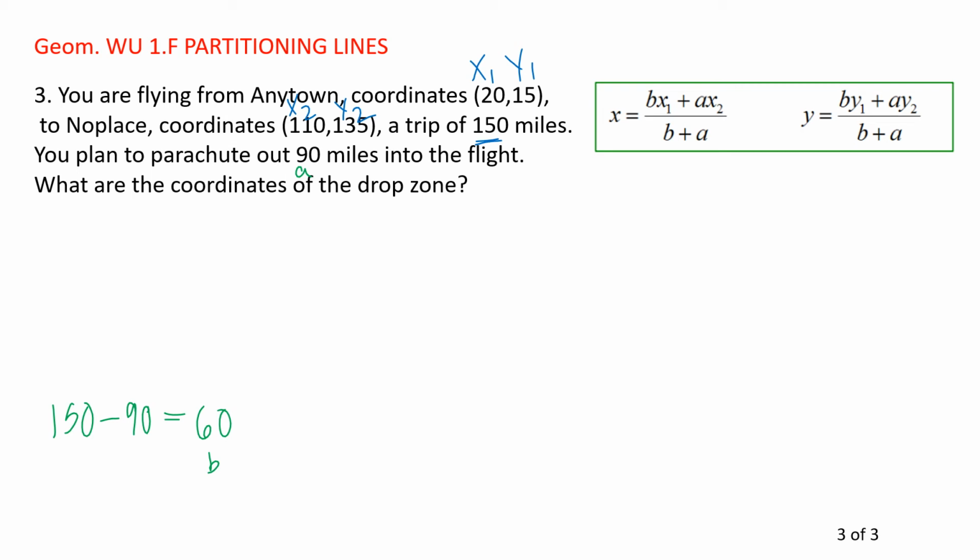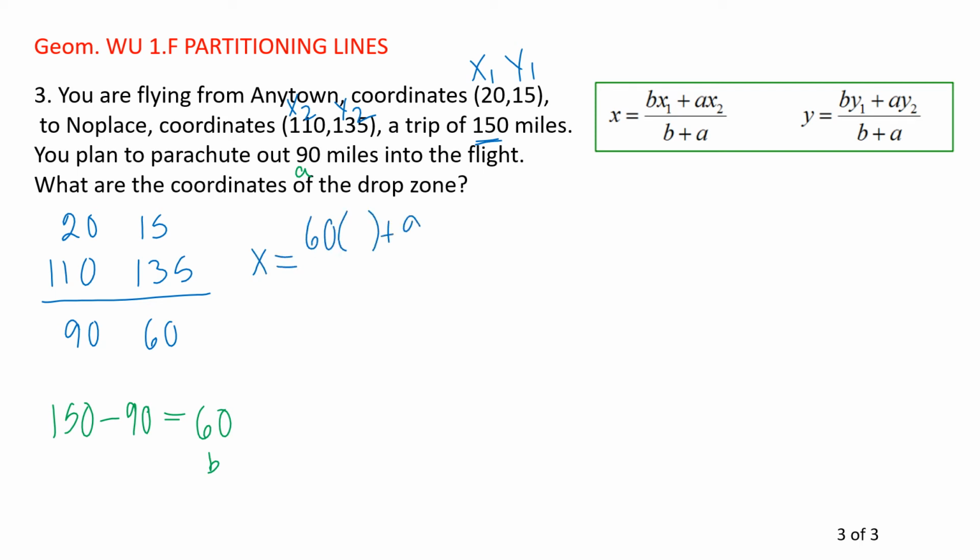Other than that, I'm going to do this exactly the way I've been doing it. It's X and Y, X and Y. And down the bottom I have A, which is 90 miles in, and B, which is 60, the remainder. So it's B times X plus A times X over B plus A. I'm going to set up the Y coordinate.